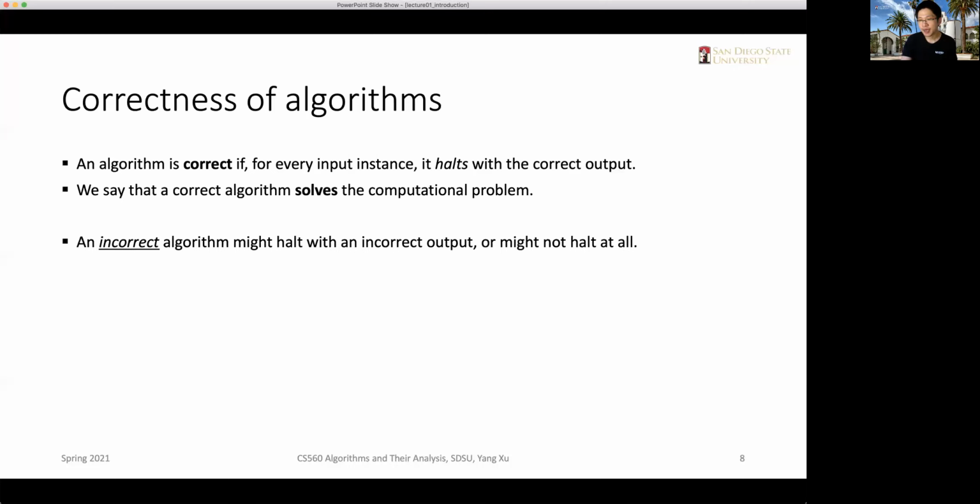Sometimes an incorrect algorithm, one that given an input doesn't generate the desired output, is usually what we don't want. But sometimes it can be useful, because not all problems can have a very efficient algorithm to get a solution.